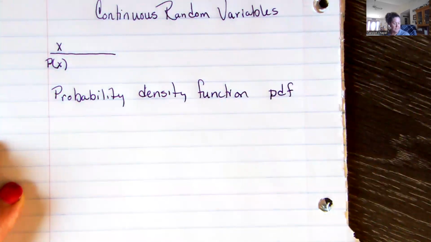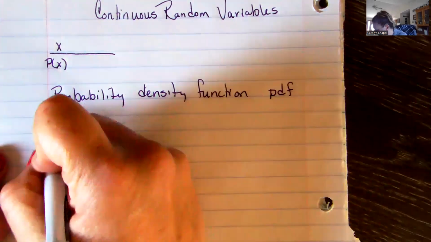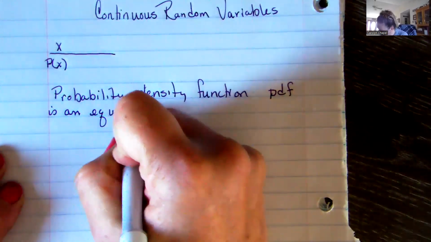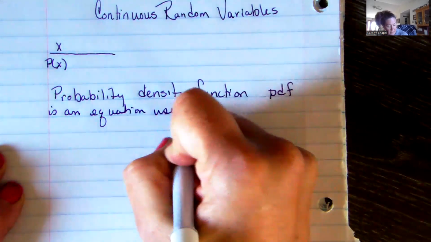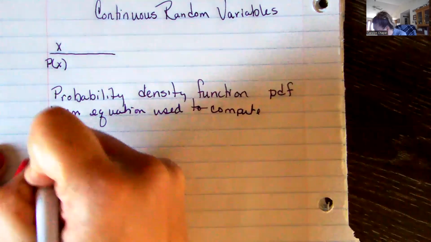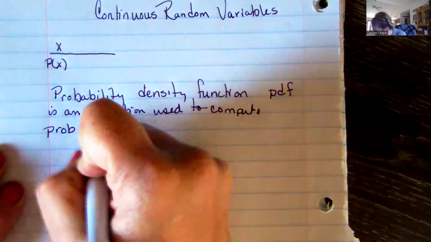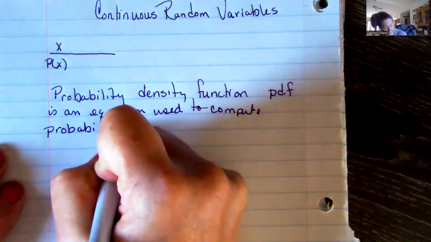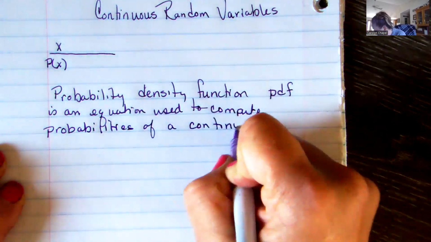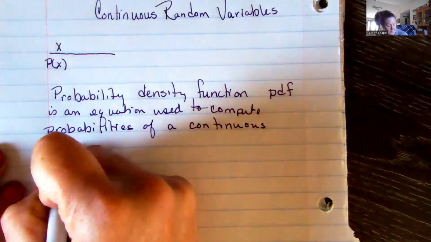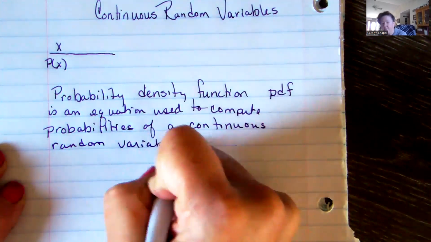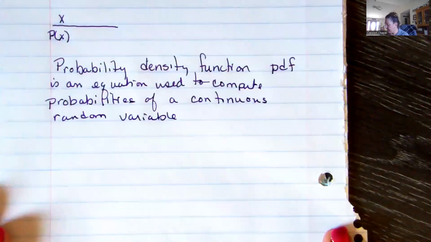It is an equation used to compute probabilities of a continuous random variable. We're just going to look at a few of them in this course.